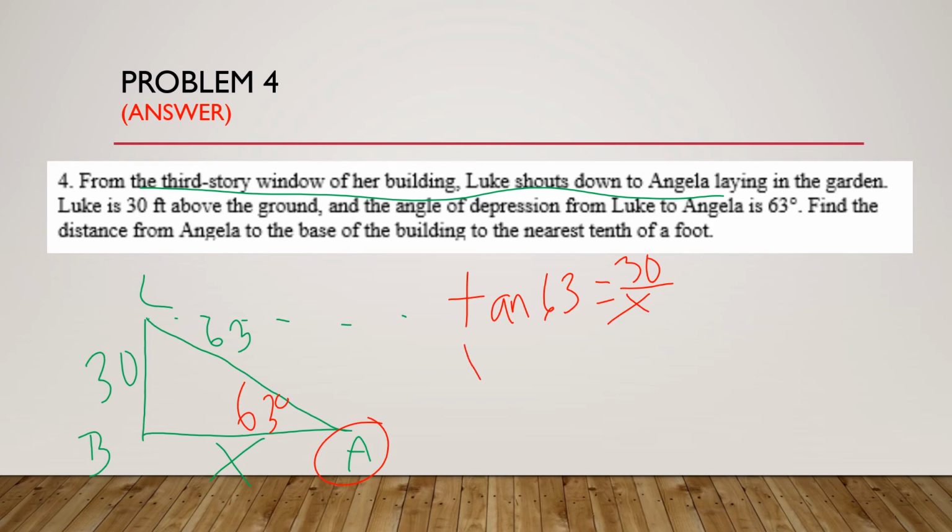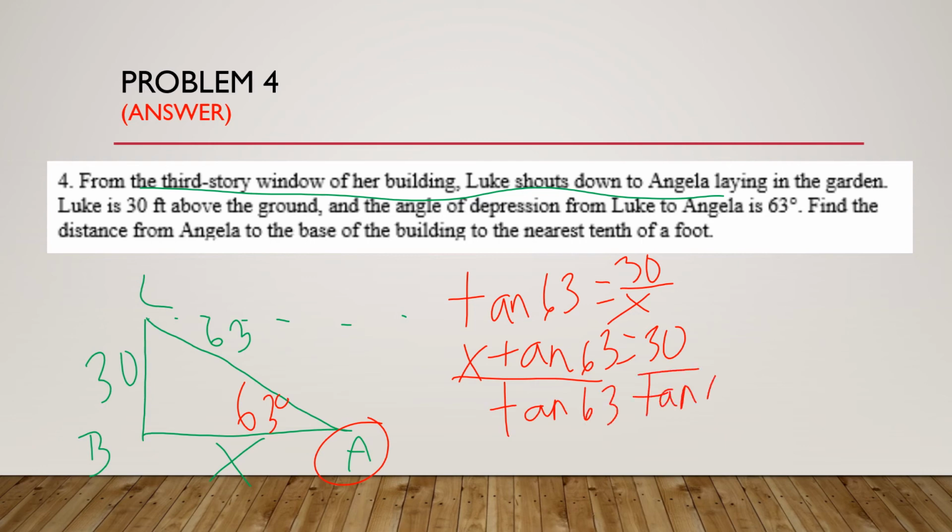So if we cross multiply, we have x times the tangent of 63 is equal to 30. Divide both sides by the tangent of 63. And we would get x is equal to 15.3 feet.